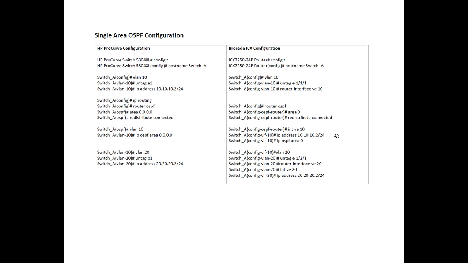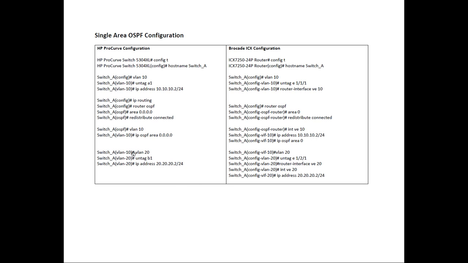We assign the IP address to the layer 3 interface, and we assign the OSPF area to the layer 3 interface. Our way of thinking about that is a VLAN is a layer 2 entity, so you don't assign an IP address and OSPF to a layer 2 entity, but that's just a different way of thinking about it. Anyway, this VE belongs to that VLAN.